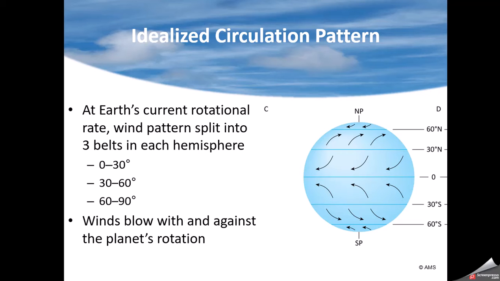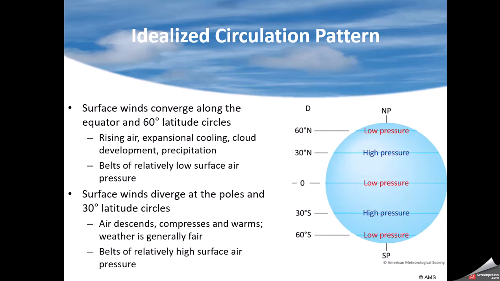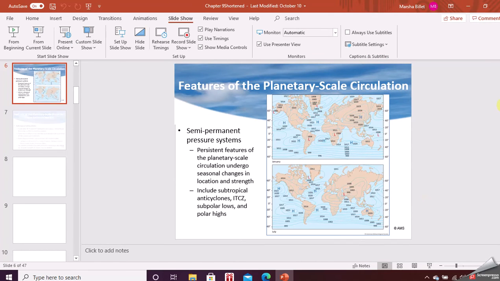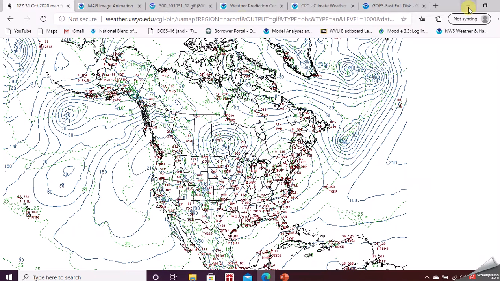And so with that, we wind up splitting because of the speed of the rotation, so that we have basically low pressure, high pressure, and all. And you can see this in a global map here. I want to show you quickly, just look back over here a minute. Here is a kind of pseudo surface map, but it matches up.